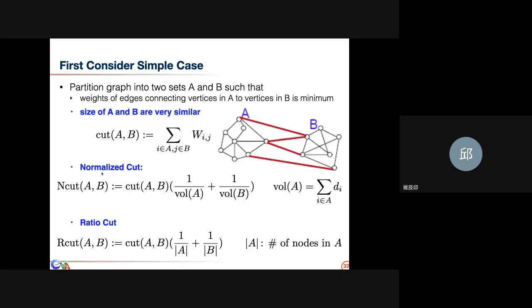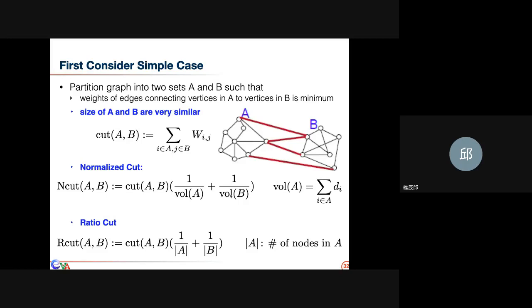So if you check the objective function used in the normalized cut algorithm, again this cut cost, that is what we have learned. And for these terms, it is related to the volume of each group.